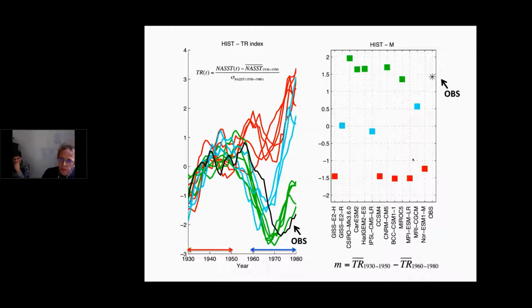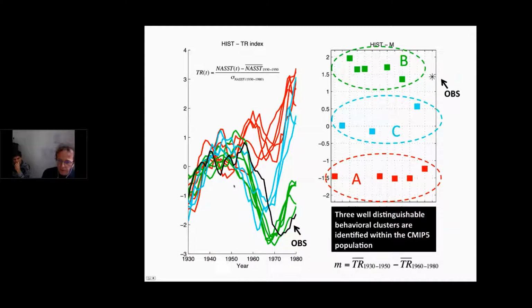The green models, again, are the ones that better agree with the OBS, which are shown by this black asterisk over here, whereas the red ones have the opposite behavior, and there is the light blue line in between, according to the metric which is defined here, which is essentially the difference. There's a sort of low-pass filter of the diagnostic, which is shown in the left panel here. And so there are three well-distinguishable behavioral clusters which are identified within the CMIP5 population.